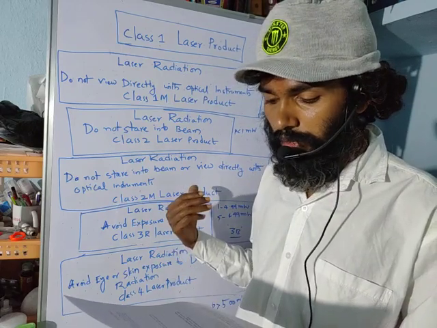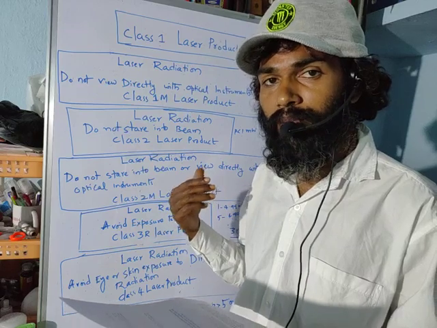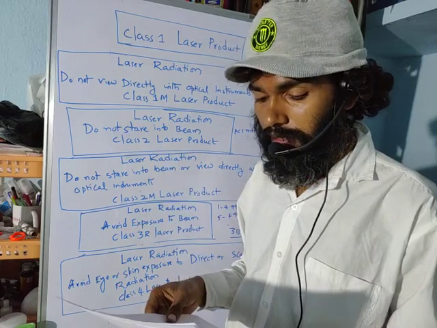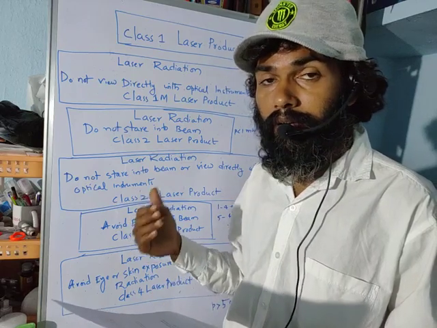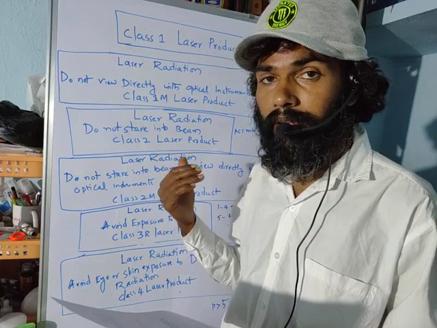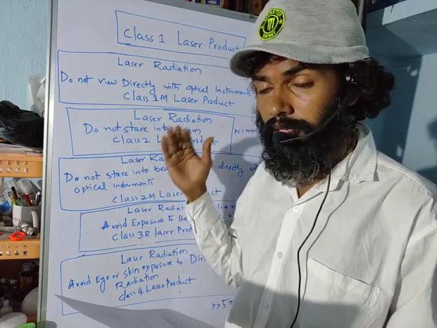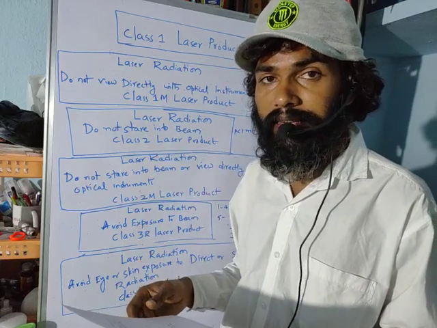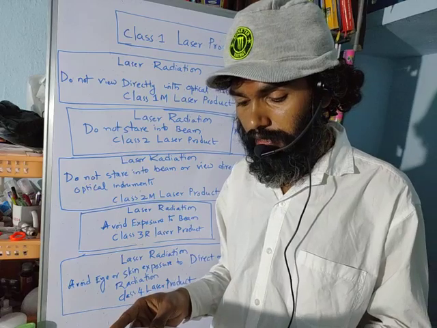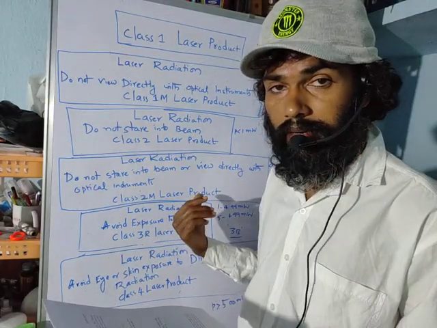Class 2 and class 2M lasers belong to the visible class. The wavelength will be visible, and they don't involve IR, infrared radiation lasers, or UV, ultraviolet laser radiation. So these 2 and 2M lasers are strictly visible lasers. And that's what I want to talk about in this class.